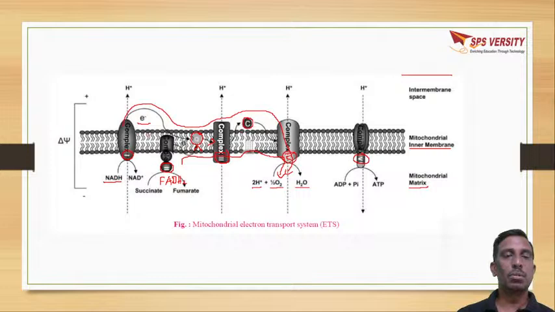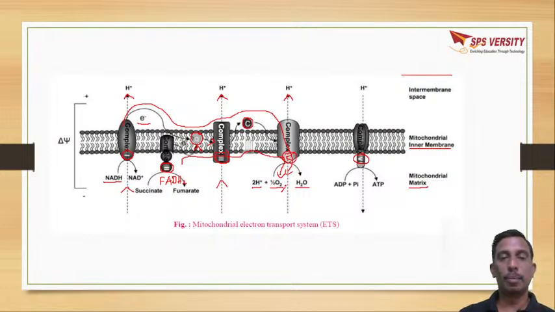So during this electron transport process, अब पिक्चर में देख सकते हैं, protons are transferred from matrix to intermembrane space. इसके लिए क्या होता है? So simultaneously during electron transport, protons are transported from matrix to intermembrane space.